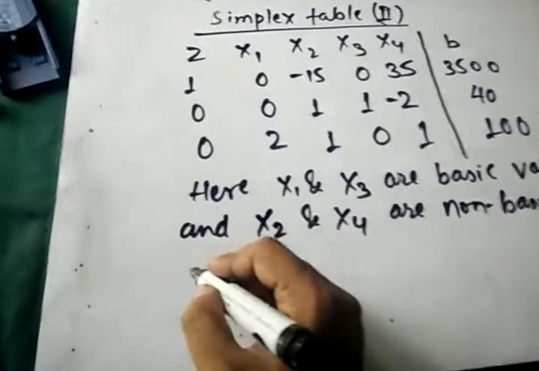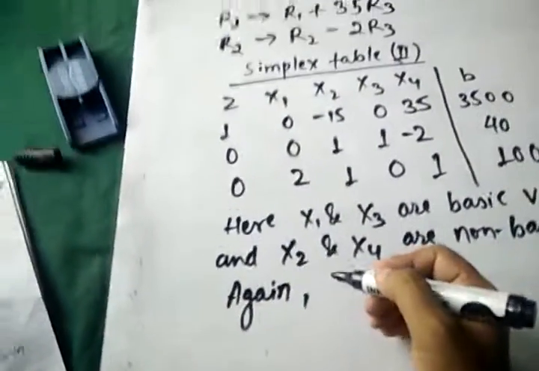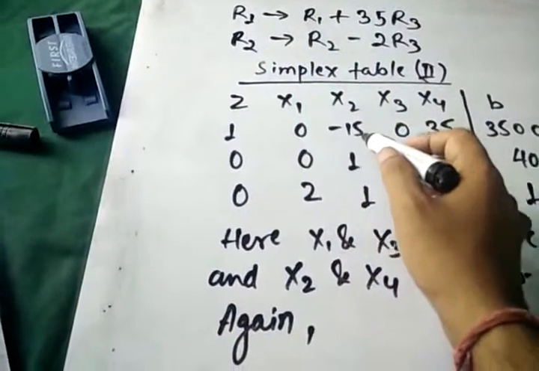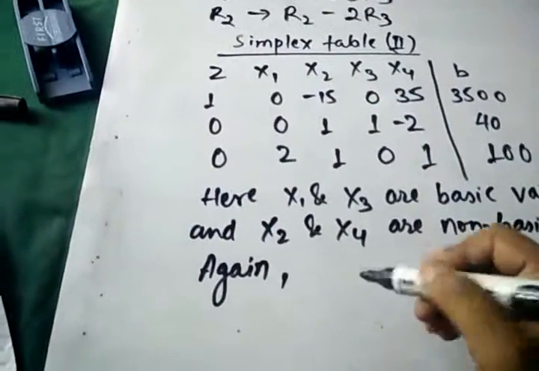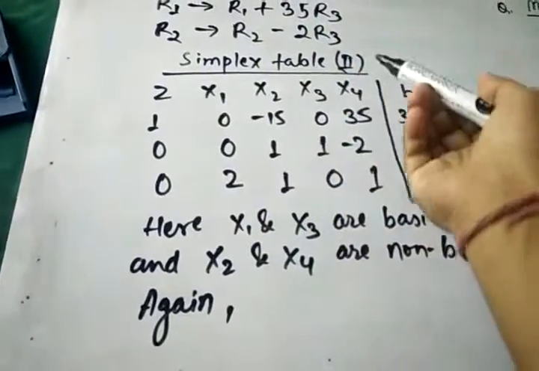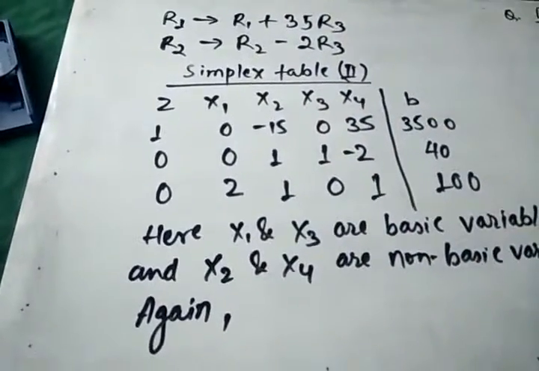Okay, now again we look for the first negative entry. Here the first negative entry is minus 15. When will we stop? We will stop if there is no negative entry in the first row.